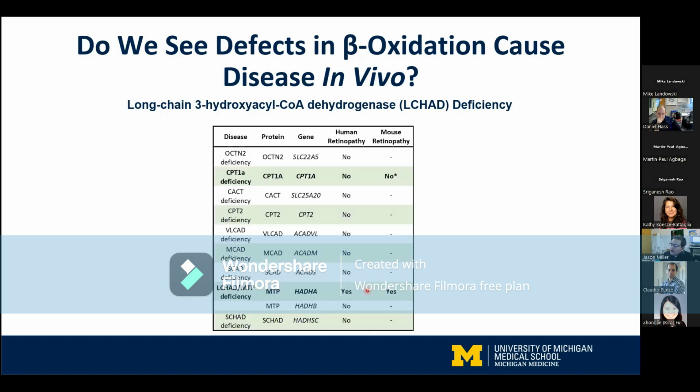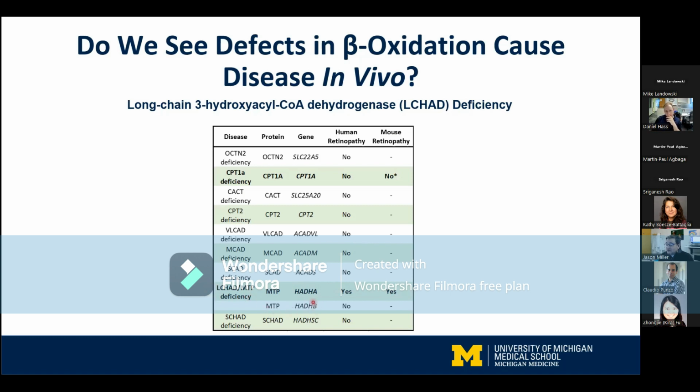But if you look at the entire list of known genetic disorders that involve beta oxidation, the only one that causes a retinal degeneration, and in particular RPE degeneration, is indeed this LCHAD. And the mouse model has been built that recapitulates the human disease.